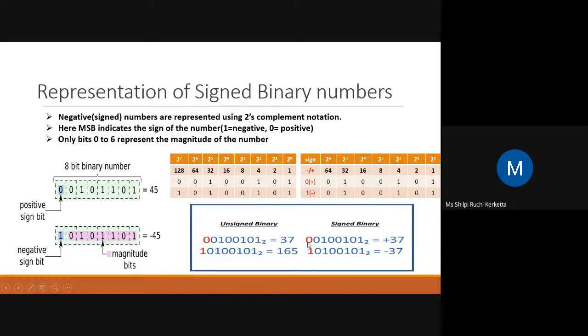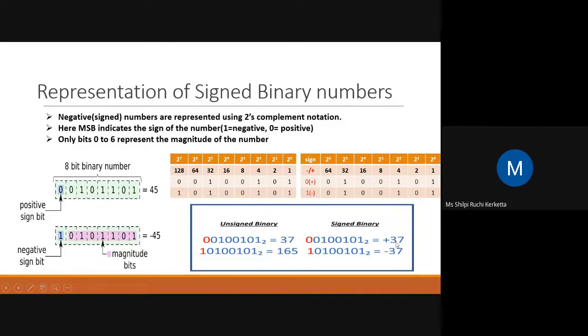So if we see this value of plus 37 and minus 37, minus 37 is written in the form of 2's complement. If we see both these numbers from 0 to 6, we can say all these things are similar. 0, 1, 0, 0, 1, 0, 1, all these magnitudes are similar. Only because of the sign, this most significant bit is changing.